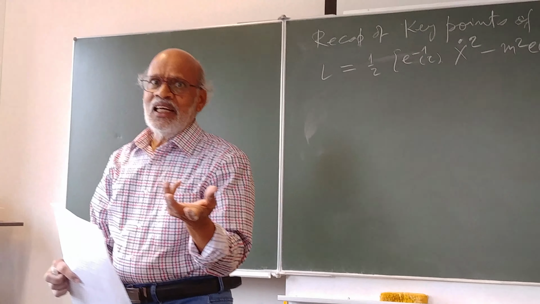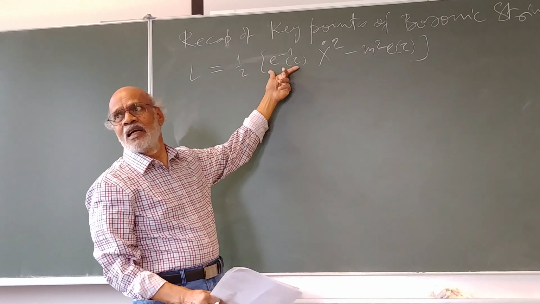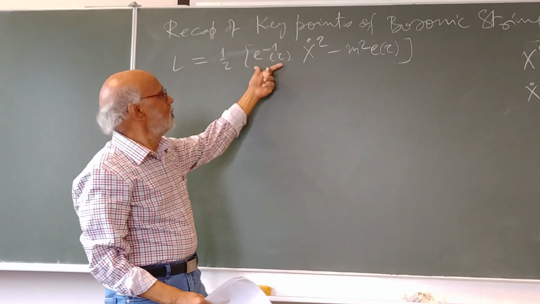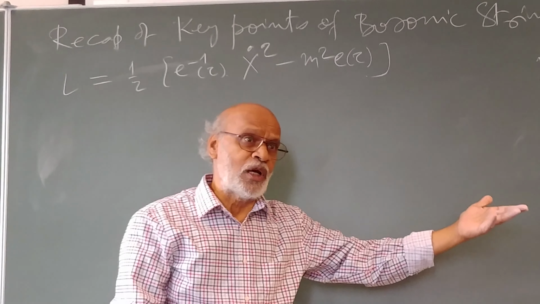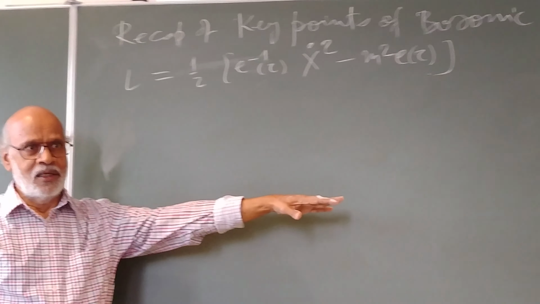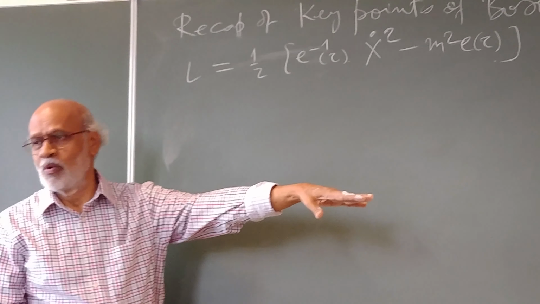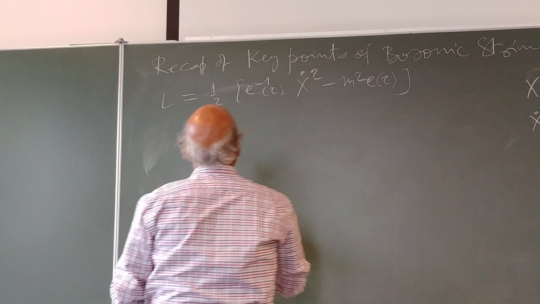So what one has done here is introduced an extra additional field, which is e of tau. So this is also a function of tau. x mu is also a function of tau. So both are fields on the world line. And this e of tau is called the auxiliary mean.